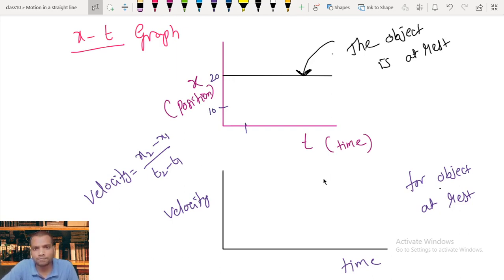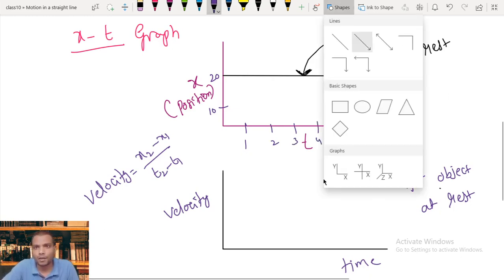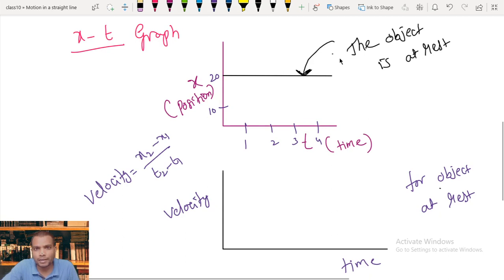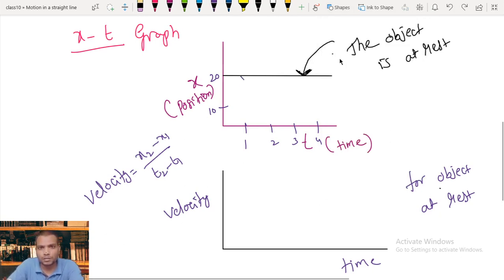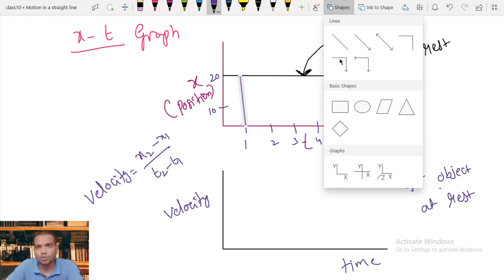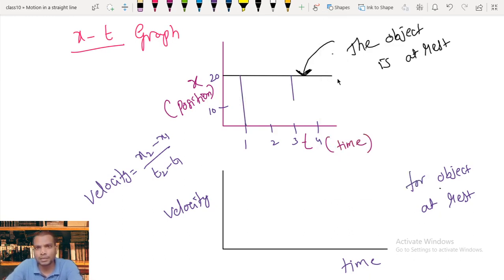Time is 1, 2, 3 and 4, in seconds. Now I would like to take 2 points, at t equal to 1 second and one more point at t equal to 3 seconds.